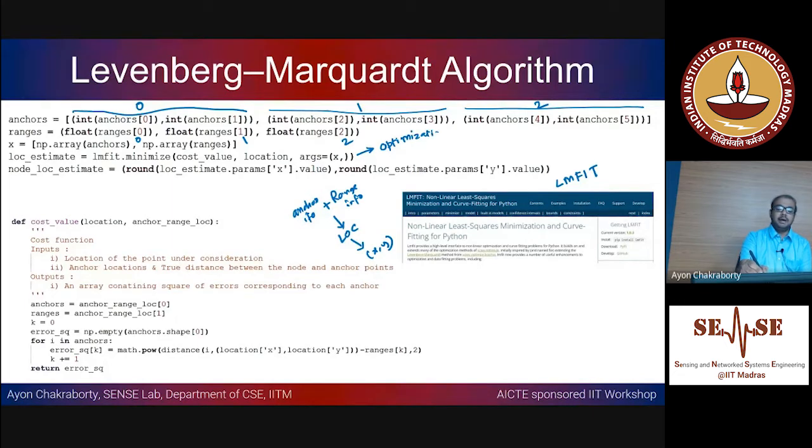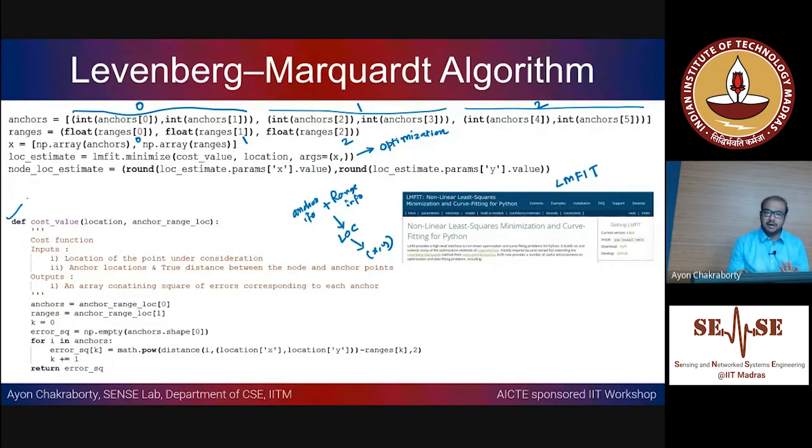All the time I spent was trying to make you understand why and in what process we are doing this optimization. I could have just given you lmfit dot minimize and it does some minimization. What we are minimizing, you should be absolutely clear. We are trying to minimize some kind of objective function. We have defined the objective function, I'll come to that.